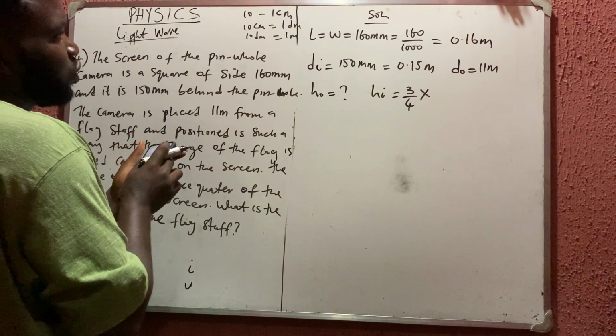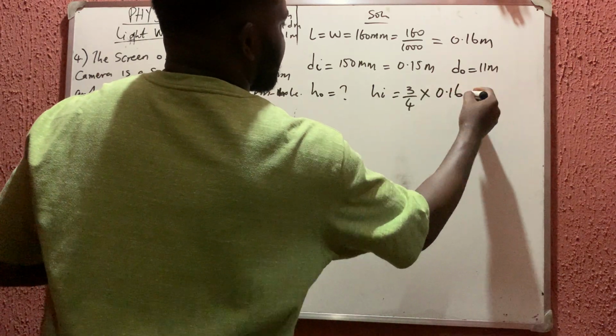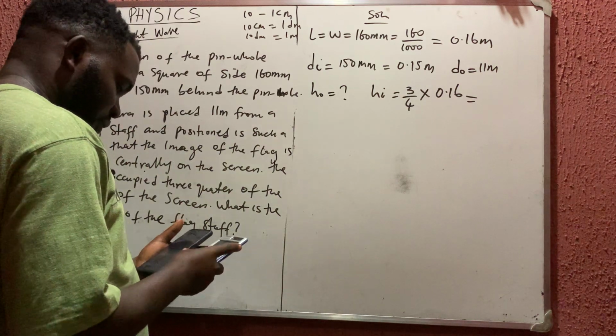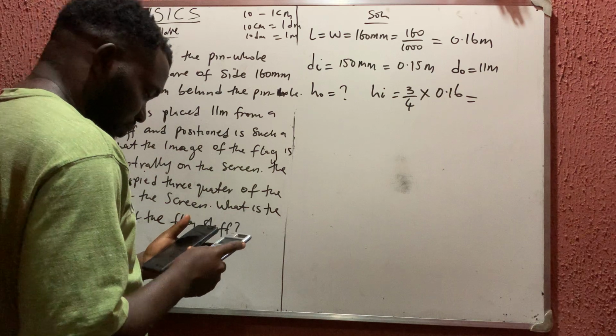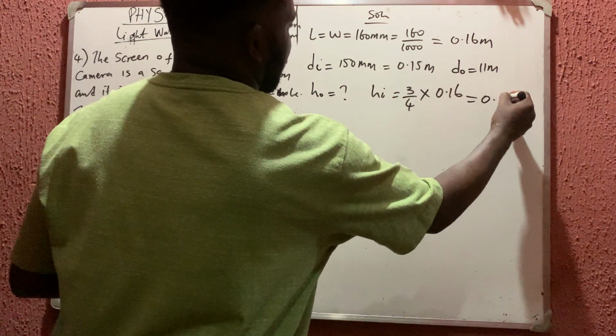They've already told us that the screen is 0.16, so 3 times 0.16 divided by 4 gives 0.12. So this is my 0.12.